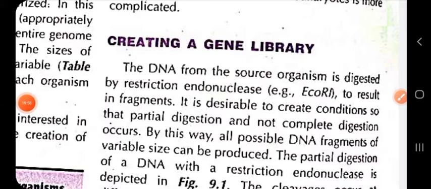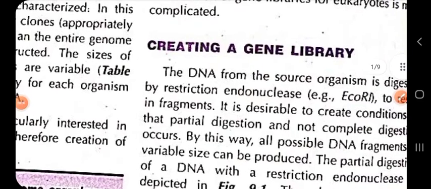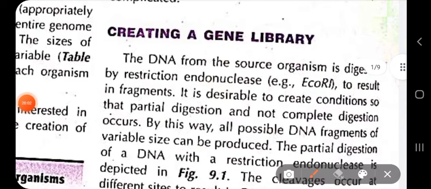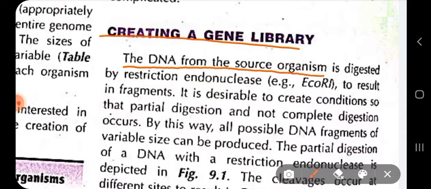So, in creating a gene library, what do we have to do? The steps are mentioned. The DNA from the source organism is first digested by restriction endonuclease enzymes. So first we have to isolate the DNA from a particular organism.